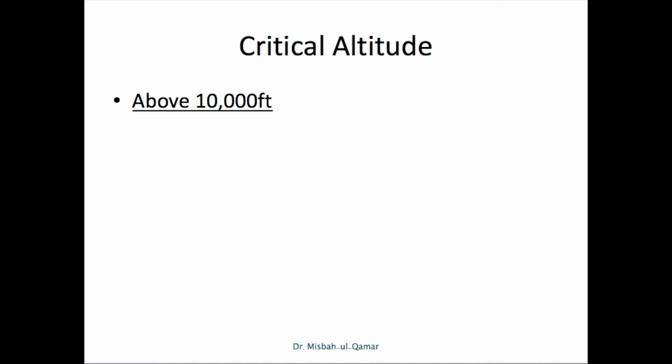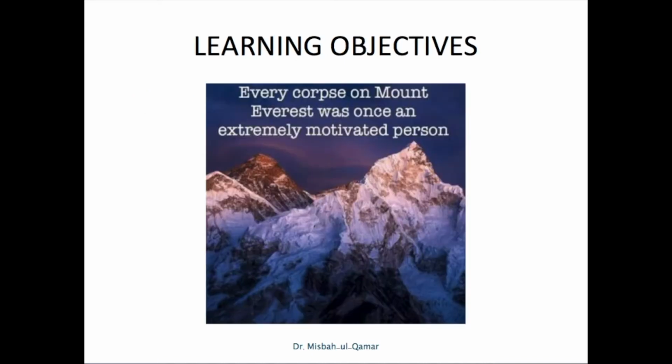And then above 40,000 feet, there is the ozone layer. Since you know now what is high altitude, let's start with its physiology.